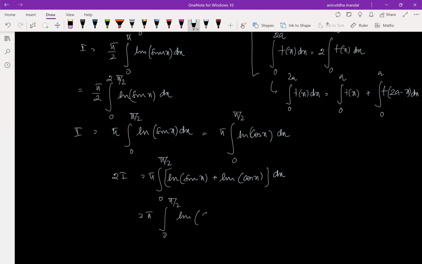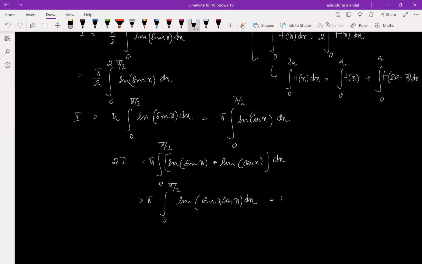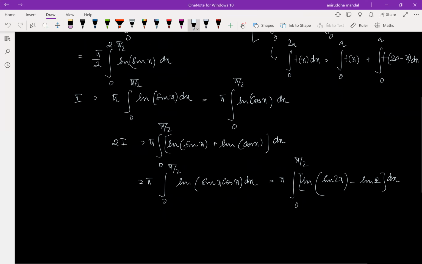So we can write this as 0 to pi by 2 of ln, we just multiply and divide by 2. So this is ln sine 2x minus ln 2. So we have written this directly.